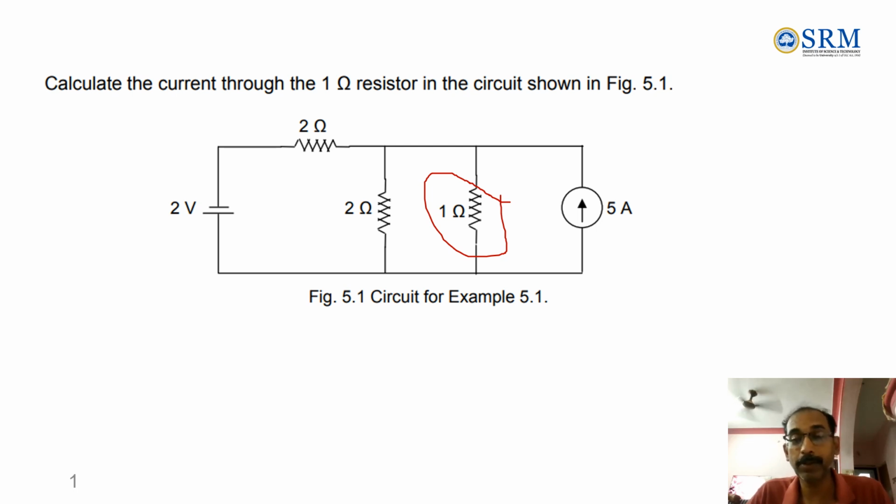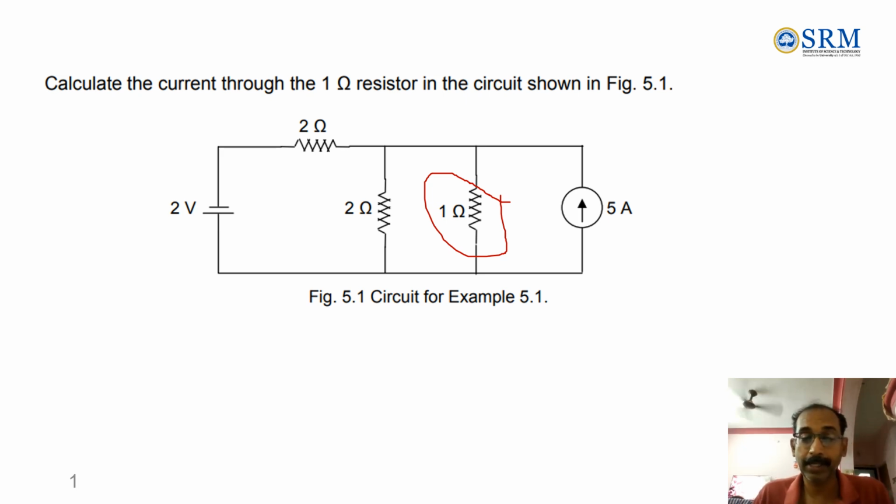So how do you include the internal resistance? Only when you open the current source will the internal resistance be included. So the thumb rule is always: current sources are opened and voltage sources are shorted.